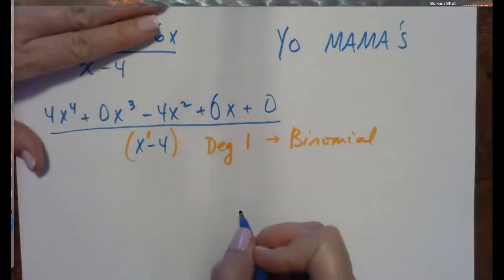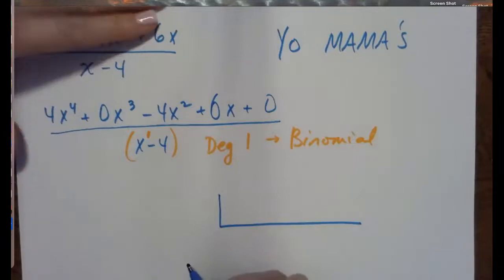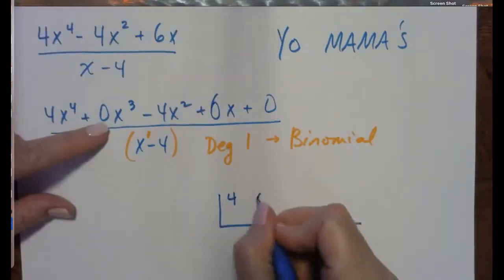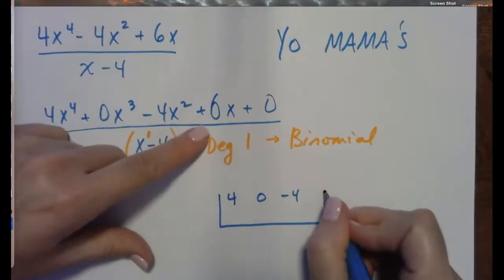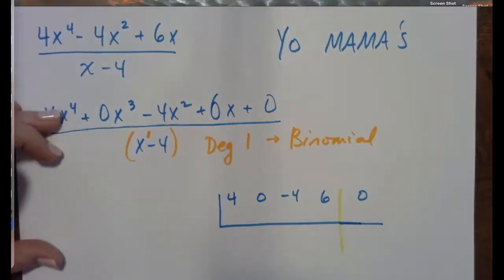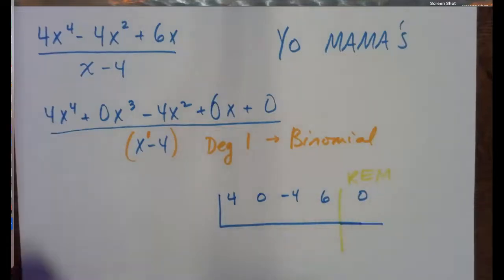And in order to use synthetic division, we are going to set up the box, not a house, and each one of those coefficients will be represented. 4, 0, -4, 6, and 0. And this last column is always going to be the remainder. So that guy's the remainder right over there.